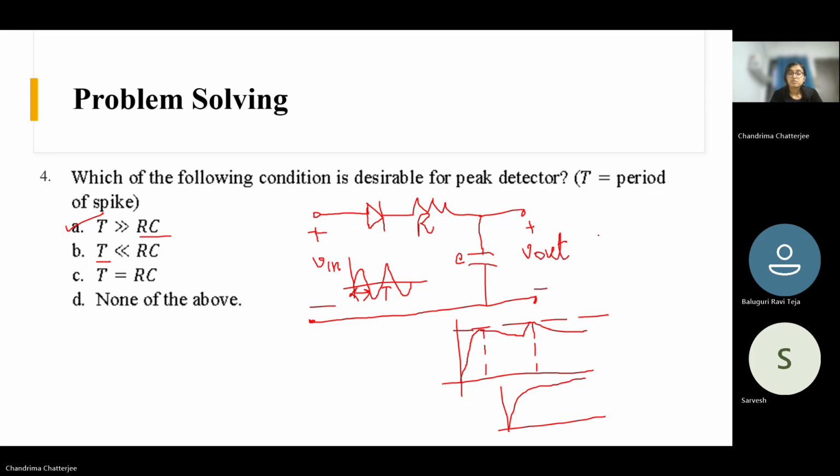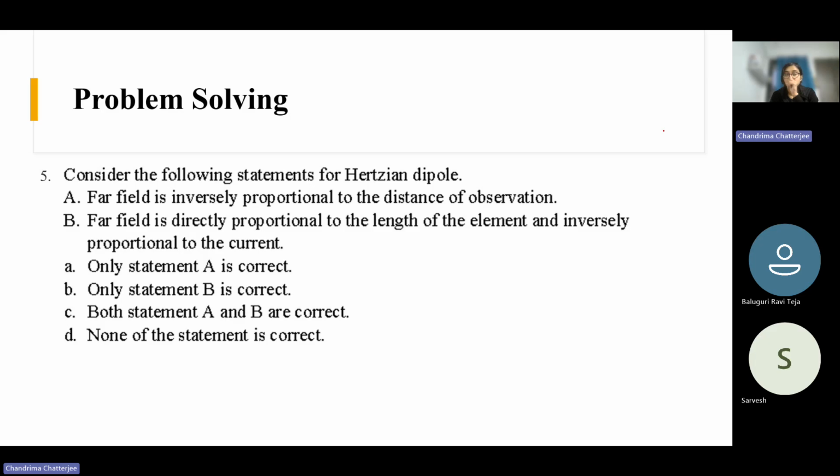Okay, so next question. Consider the following statements for Hertzian dipole. So what is Hertzian dipole? We consider an infinitesimally small current element, ideal.